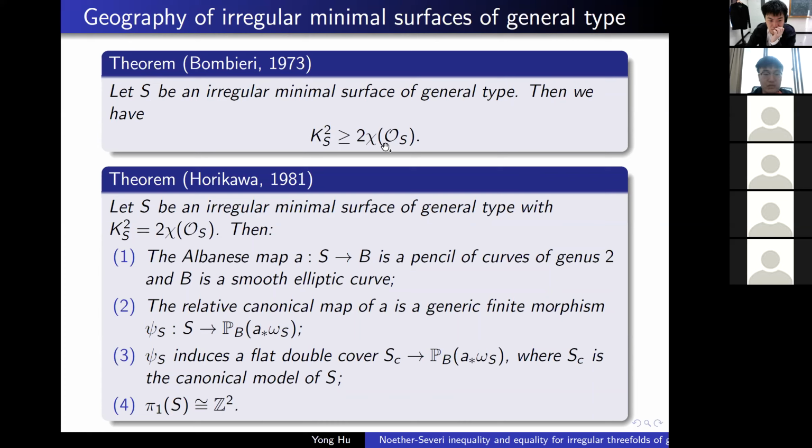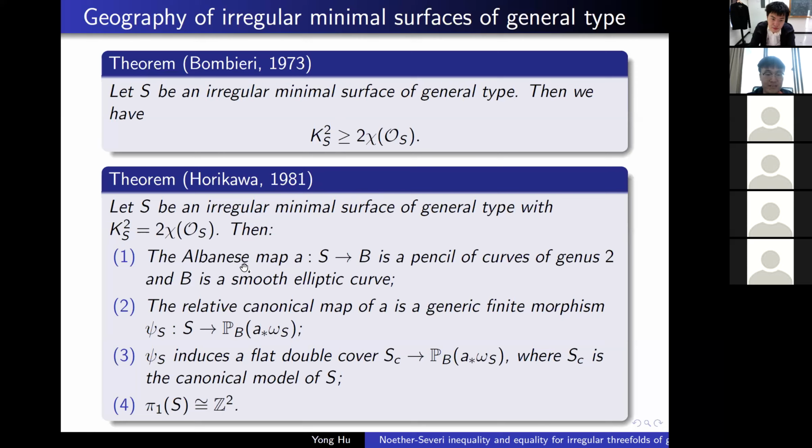And when the equality holds, it is classified by Horikawa. Let S be an irregular minimal surface of general type with K_S^2 equal to 2 p_g. Then the first statement is that the Albanese map a from S to B, where B is the image of the Albanese map.